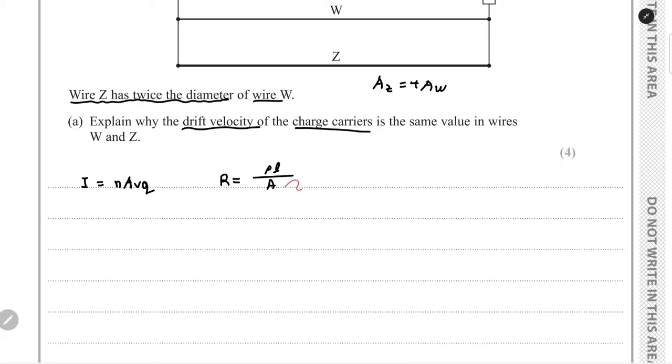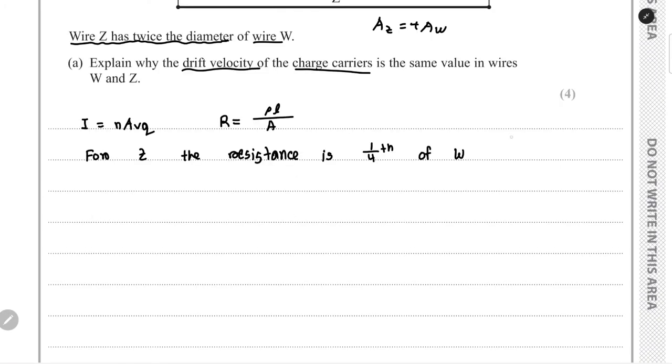Now if the area becomes 4 times bigger, the resistance becomes 1/4. So for Z, the resistance is 1/4 of W. And we'll write down the reason as well. This is because it has 4 times the cross-sectional area.